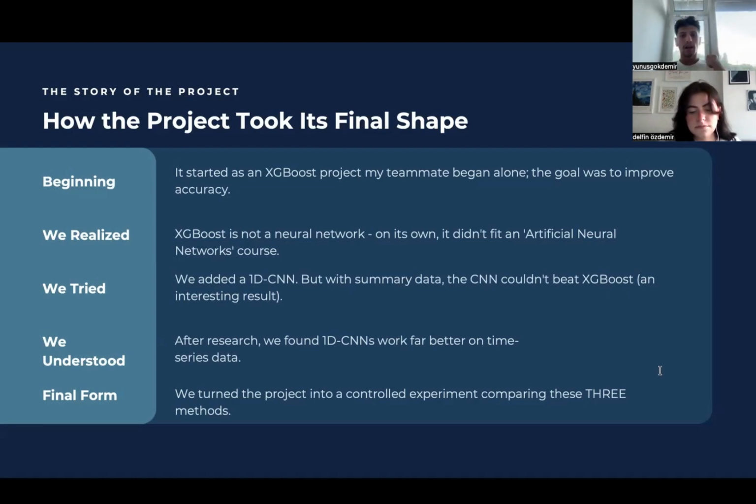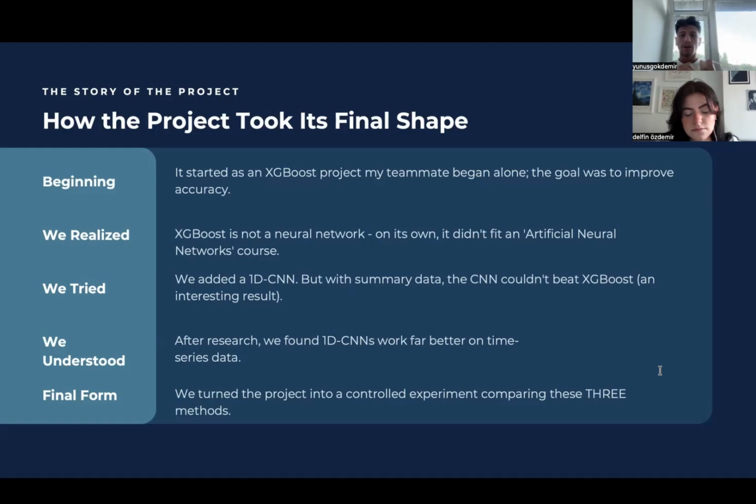So we added a 1D convolutional neural network, a proper neural network, and here's where it got interesting: when we fed that CNN the summary data, it actually couldn't beat the XGBoost baseline. That was a surprising result, and instead of ignoring it, we dug into it.